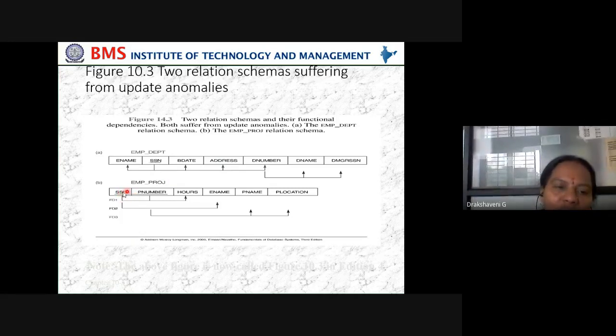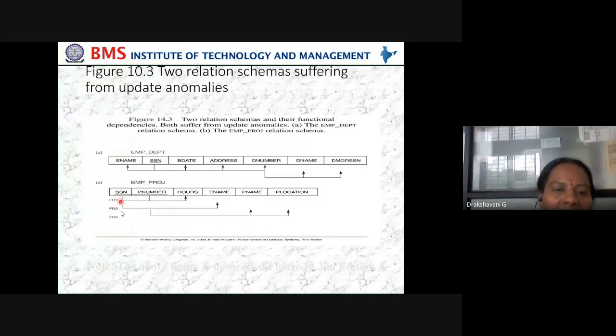This was the employee and department table, and here it is employee and project. With social security number and project number, we know how many hours this particular employee is working for this particular project. So these two determine hours. That is what functional dependency says to us.